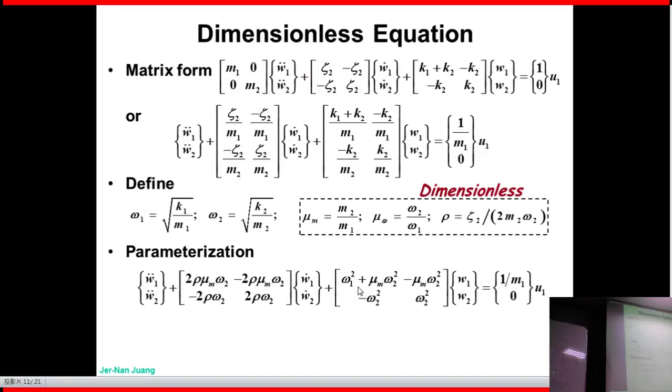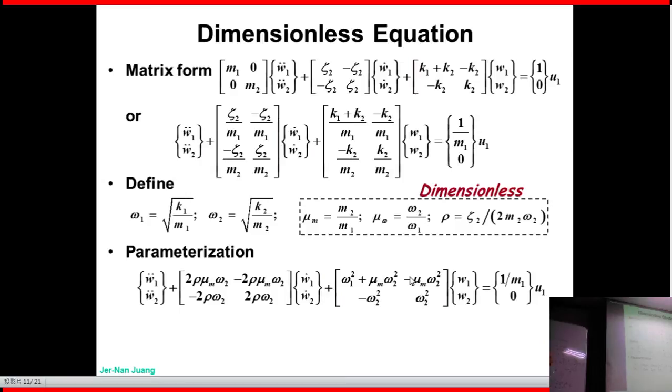W1 is fixed. mu1 is a design parameter. So how many design parameters do we have? How many do we have from here?